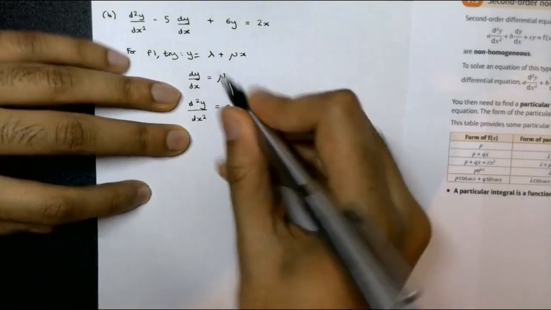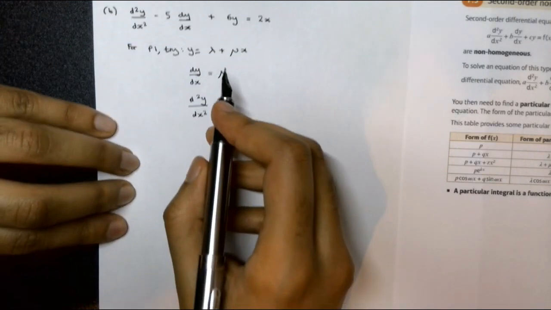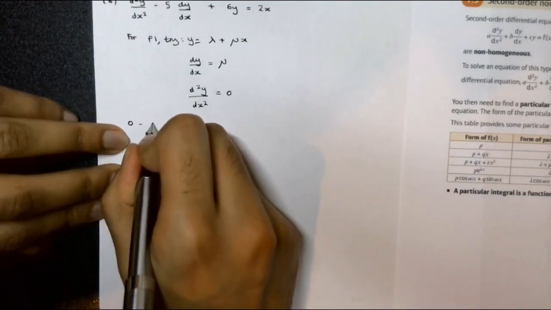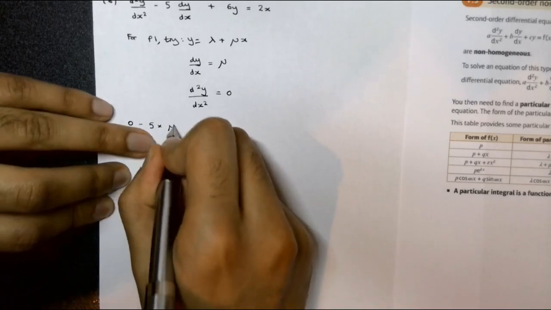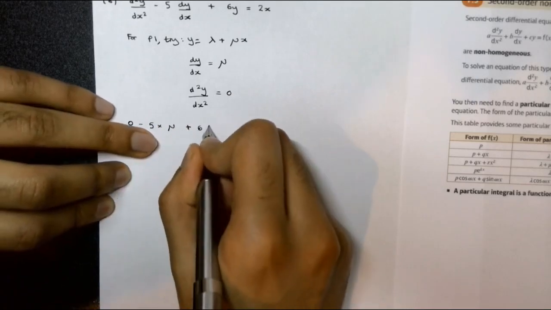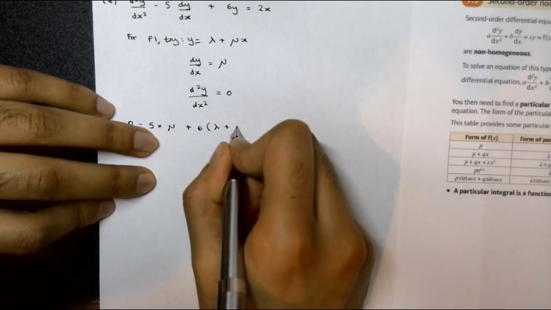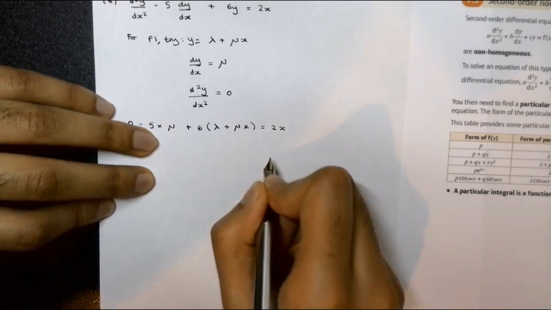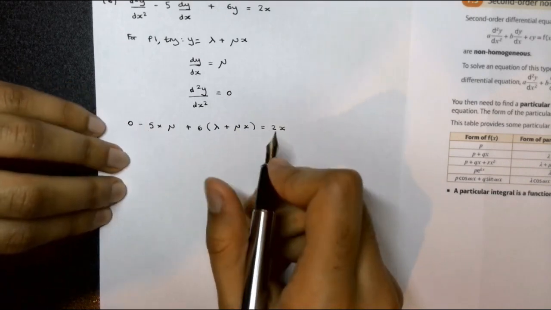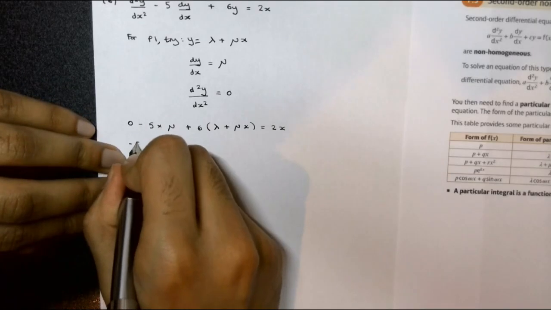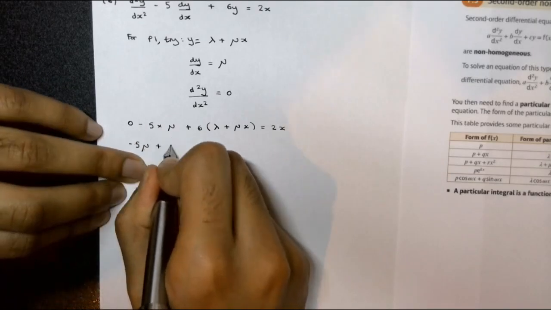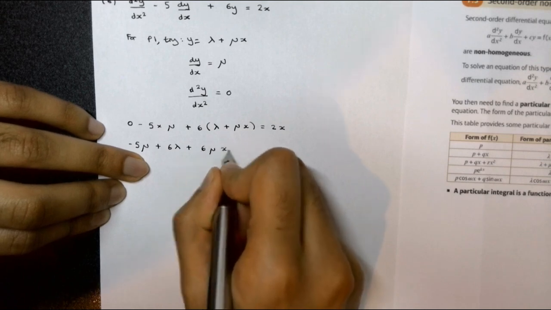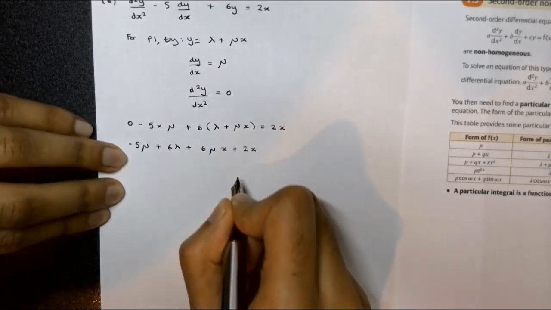We now substitute these into here. So if we do that, we've got 0 minus 5 lots of mu plus 6 lots of lambda plus mu x. This is equal to 2x. So we have minus 5 mu plus 6 lambda plus 6 mu x equals 2x.